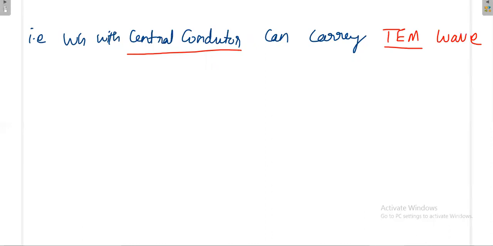If you have the waveguide with the central conductor, then it can carry the TEM wave. So this is the final idea.